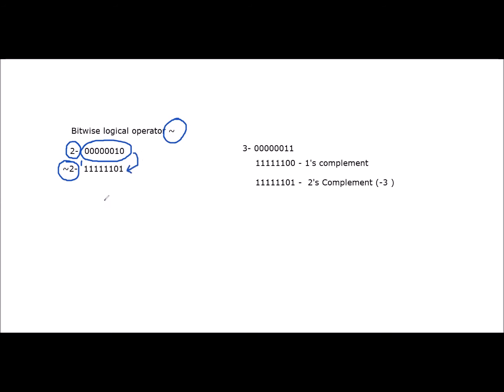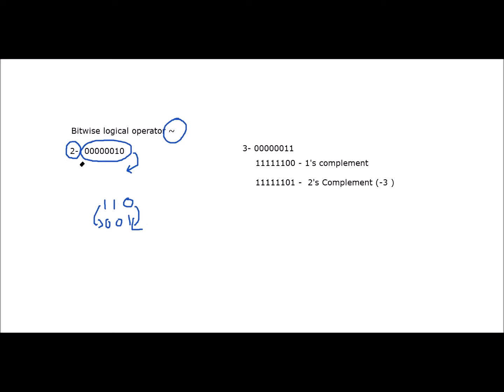If I take 1 1 0, what is the complement of this? 0 0 1. Instead of 1 I have taken 0, instead of 0 I have taken 1. Wherever there is a 1 in the original number, we replace it with 0, and wherever there is a 0, we replace it with 1. So this is the complement.